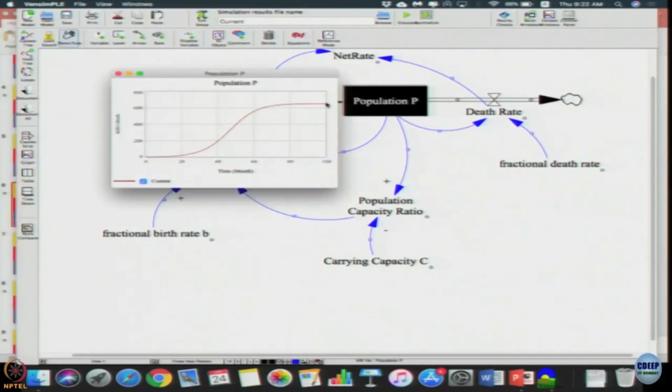The population peaks at around 650 or something. When it peaks is about around time 80. The inflection point is somewhere around 44, 45, which coincides with the peak of the net rate, not the birth rate or the death rate. At the peak of the net rate is the inflection point.